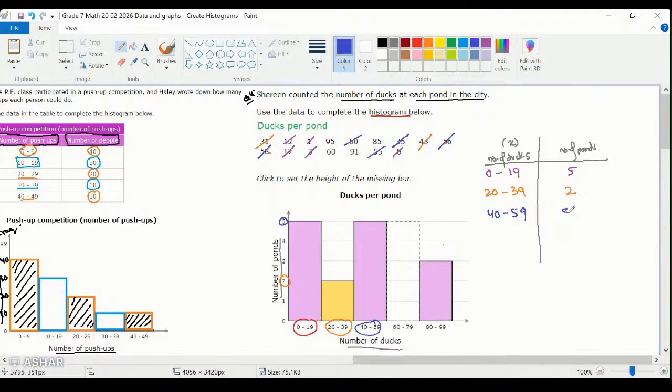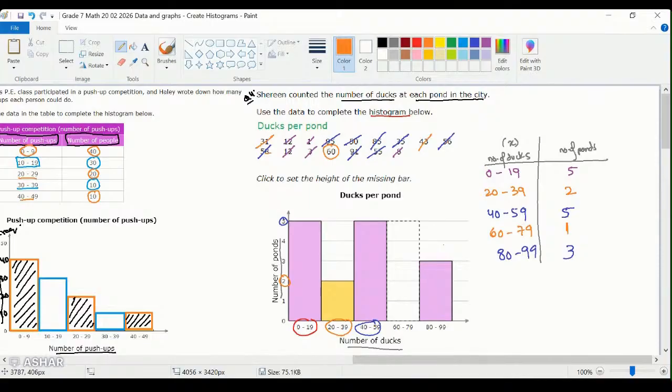There would be 5 values. Then 60 and 79, and the last one was 80 and 99. Between 80 and 99, 1, 2, 3. Agreed. Then how many values are left over here? A single value is left over here.